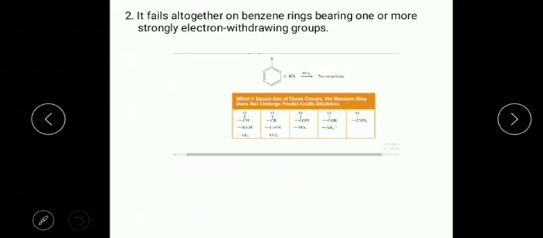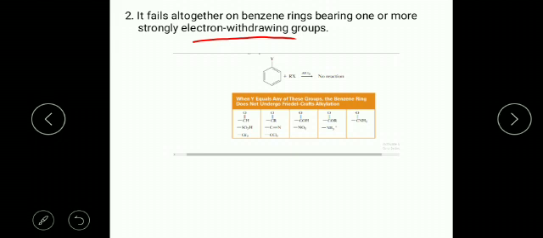The second limitation is that if the benzene has an electron withdrawing group, then the Friedel-Crafts alkylation reaction is not possible, because the electron withdrawing group takes electrons from the ring and deactivates the ring. So if any phenyl ring or benzene ring has an electron withdrawing group, then this Friedel-Crafts alkylation reaction is not possible.